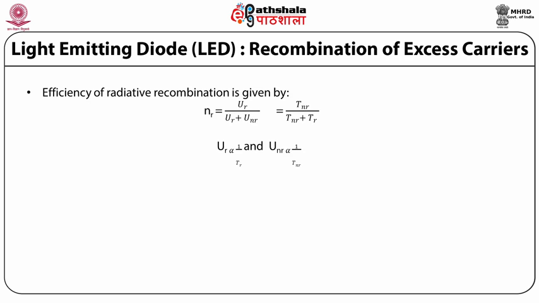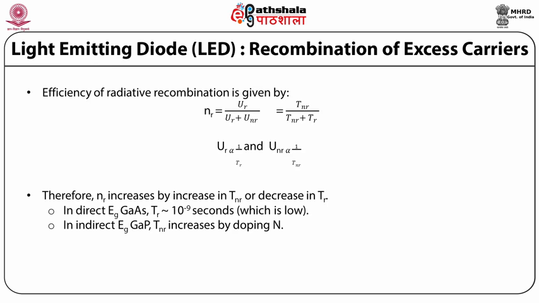UR is proportional to 1 by TR and UNR is proportional to 1 by TNR. Therefore, eta R increases by increasing TNR or decreasing TR. So in direct Eg gallium arsenide, TR is approximately 10 to the power minus seconds, which is very low. In indirect Eg gallium phosphide, TNR increases by nitrogen doping.